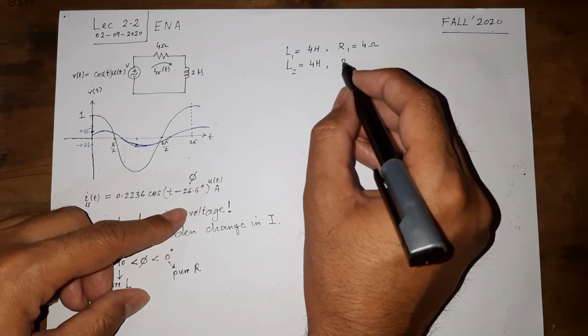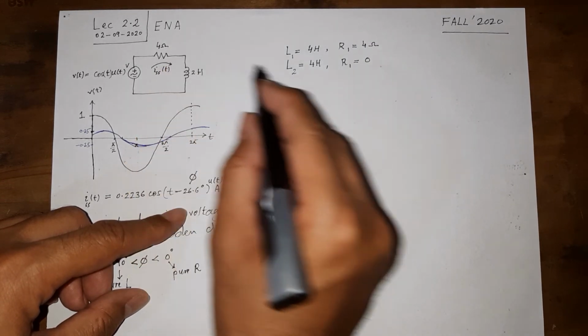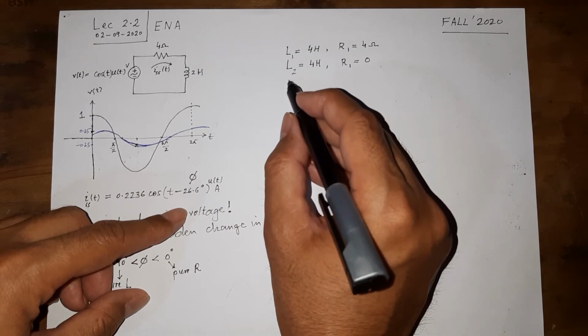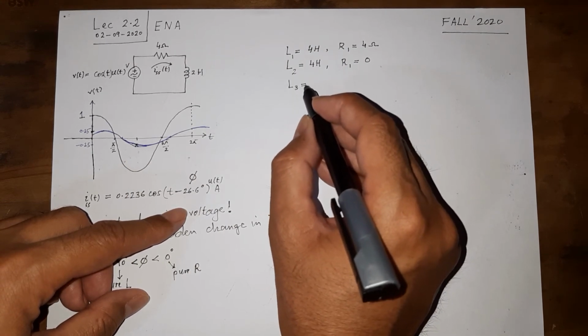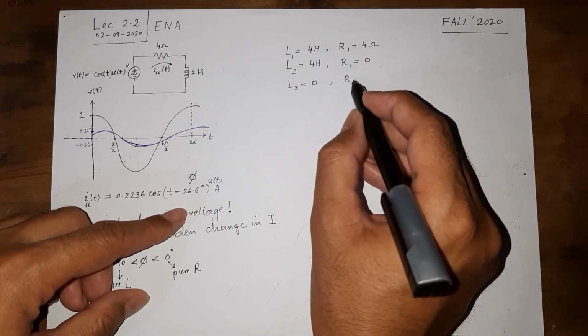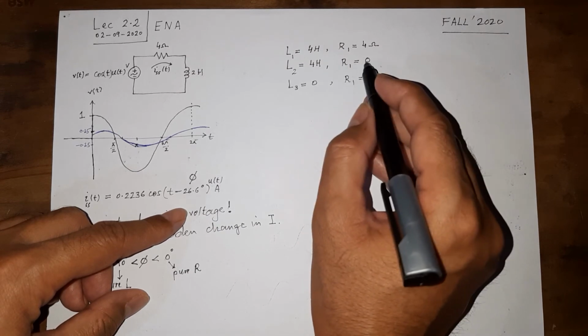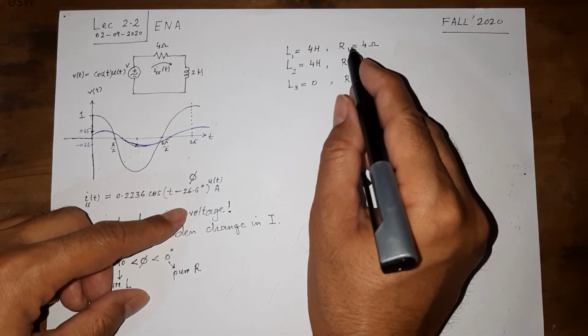But R1 is 0, so it is shorted out, no resistance in the circuit. And what's going to happen when the inductor is removed and shorted and the resistance is 4 ohms? So purely resistive circuit, purely inductive, and a mix of both.